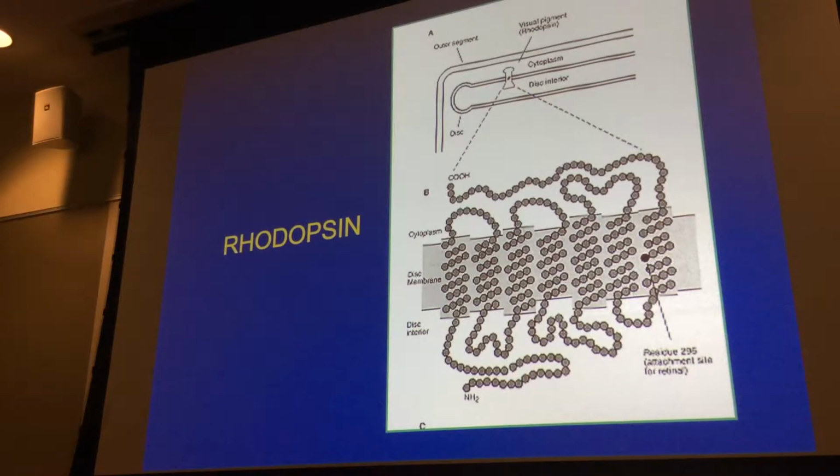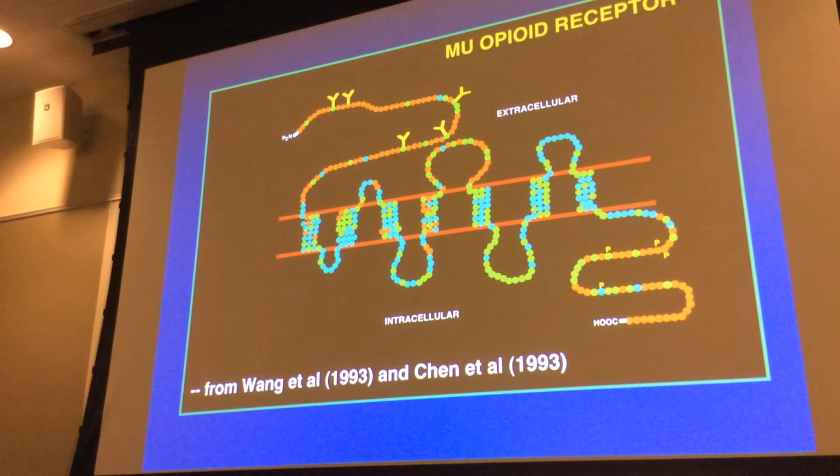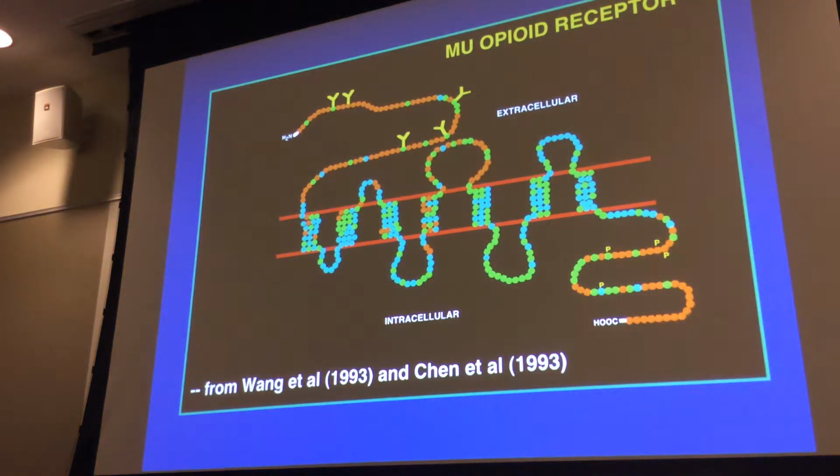So this one bound to light, the beta-adrenergic receptor bound to norepinephrine, acetylcholine, and so forth. No one considered that there would be anything common between rhodopsin and any other receptor because it bound to light. But then people began to study other G protein coupled receptors, and they found that they all look the same, all right?